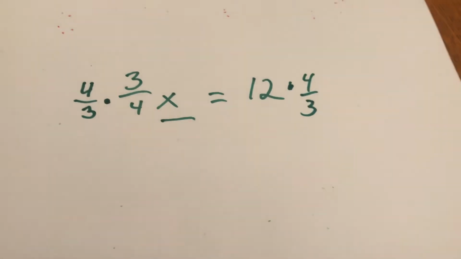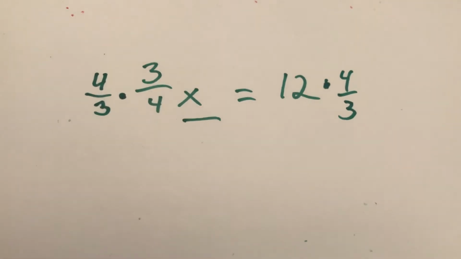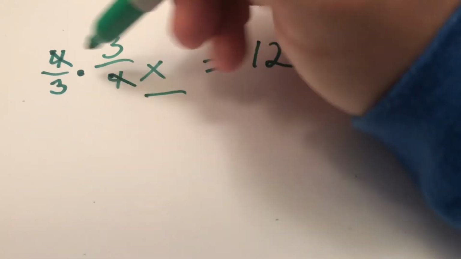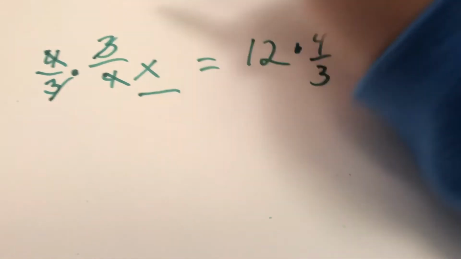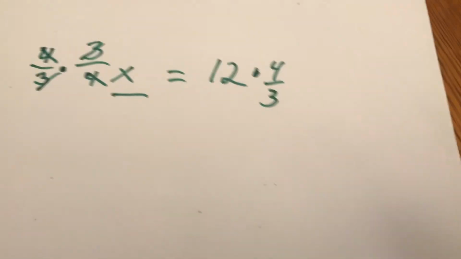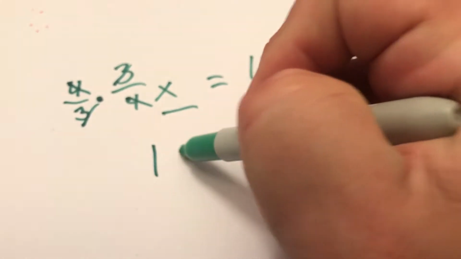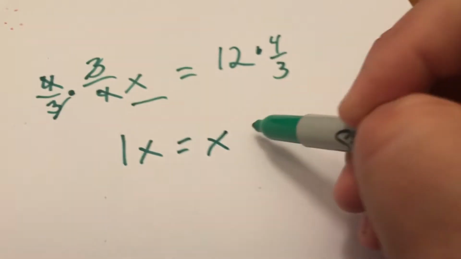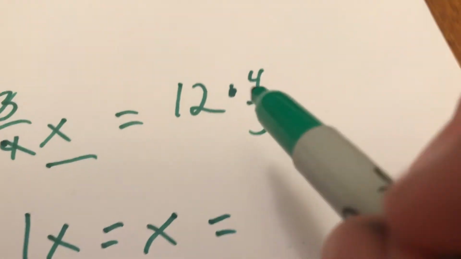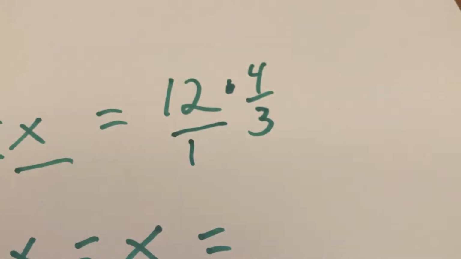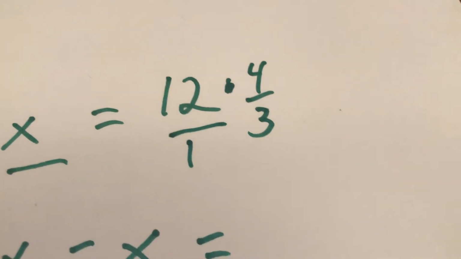What that does, like I showed you with the cross canceling, is that this crosses off, and this crosses off here, because 4 goes into 4 once, 3 goes into 3 once, so that leaves me with 1x, which we can simply write as x. Then we come over here and do our multiplication. To multiply, we do numerator by numerator and denominator by denominator, so I'm going to change that 12 into 12 over 1.